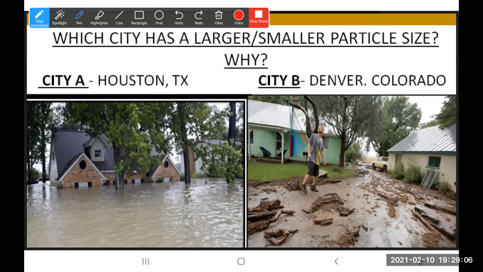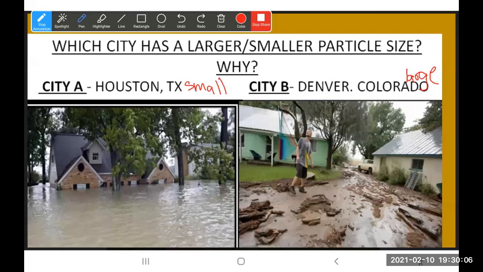All right. So city A, Houston, Texas, will have smaller. And city B will have a larger porosity. City A will have a smaller particle size, and city B will have a larger particle size.